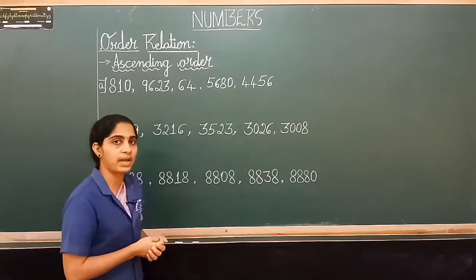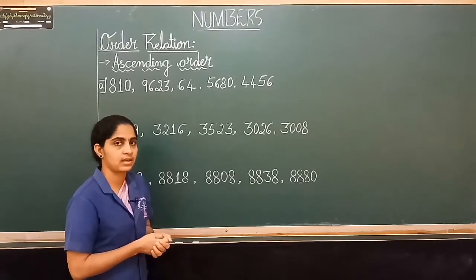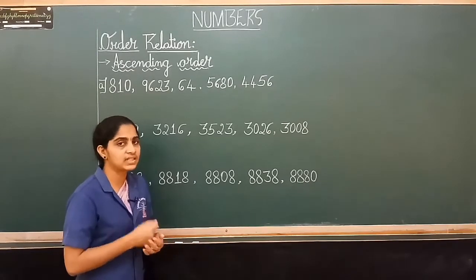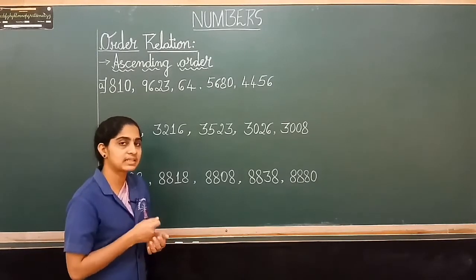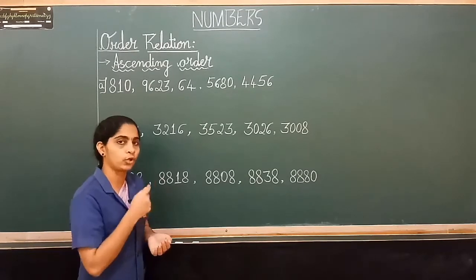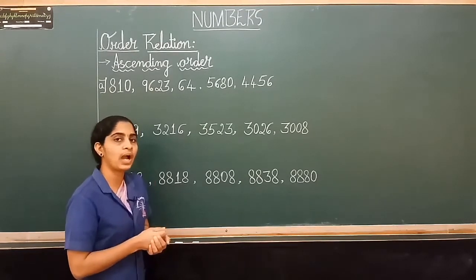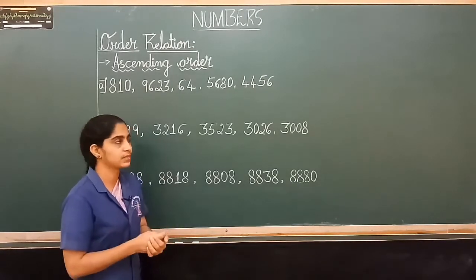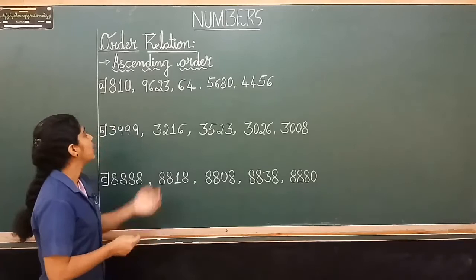So how to compare the numbers? In the previous concept, you have learned how to compare the numbers, right? Same method you have to follow here, and you have to arrange the numbers from smaller to bigger. Let us do that now.